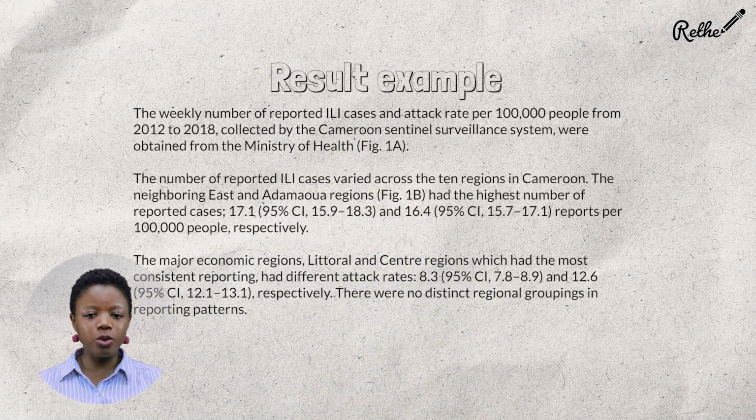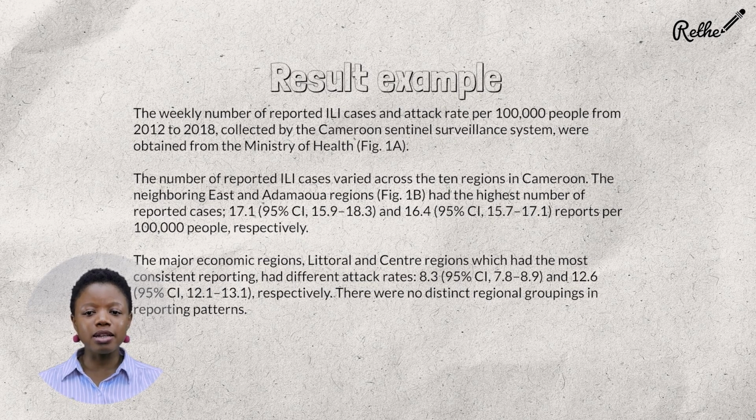The results section starts by describing the data. We focus on regional patterns of influenza-like illnesses. The weekly number of reported ILI cases and attack rate per 100,000 people from 2012 to 2018, collected by the Cameroon Sentinel surveillance system, were obtained from the Ministry of Health. The number of reported ILI cases varied across the 10 regions in Cameroon.